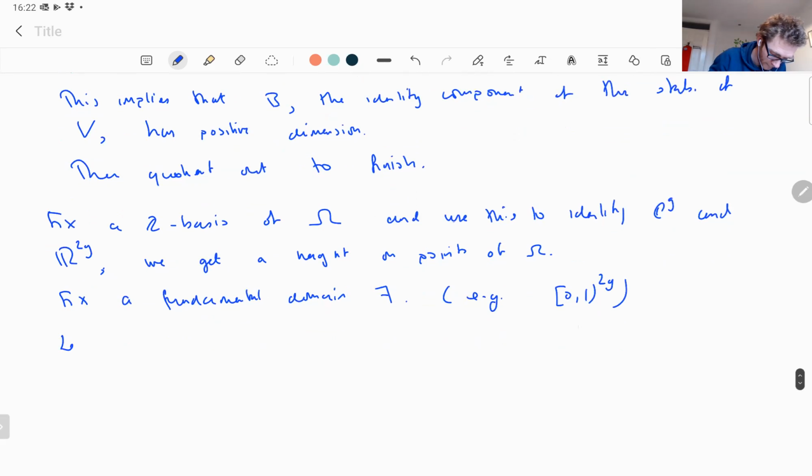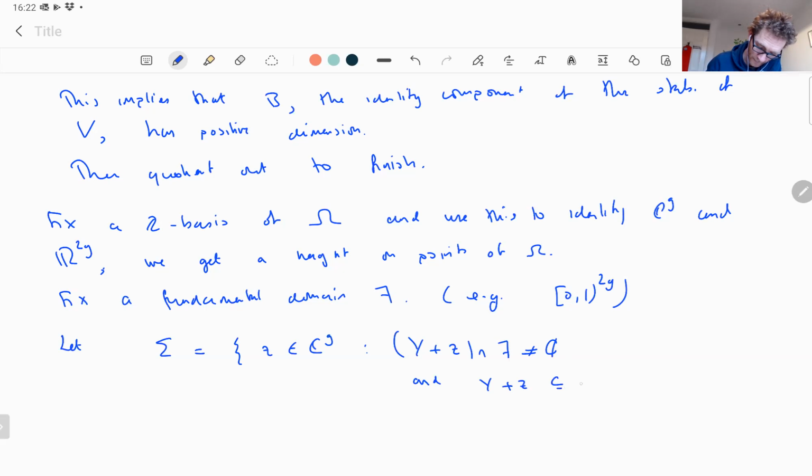Now let sigma be the points in C^g such that when I move Y by that point, it has non-empty intersection with my fundamental domain, and it's contained in the pre-image of V under pi.